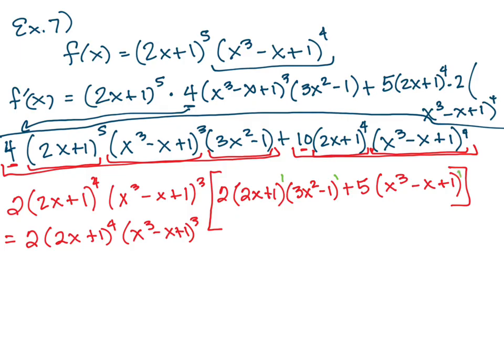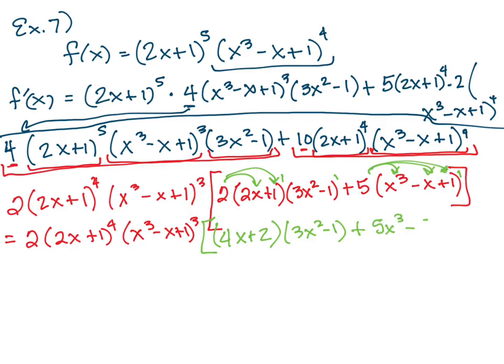So if I have a 2 on the outside times 2x times 1, that's going to be 4x plus 2, right? That piece is going to get multiplied by 3x squared minus 1. Before we do that, we can push the 5 through here. So plus 5x cubed minus 5x plus 5.